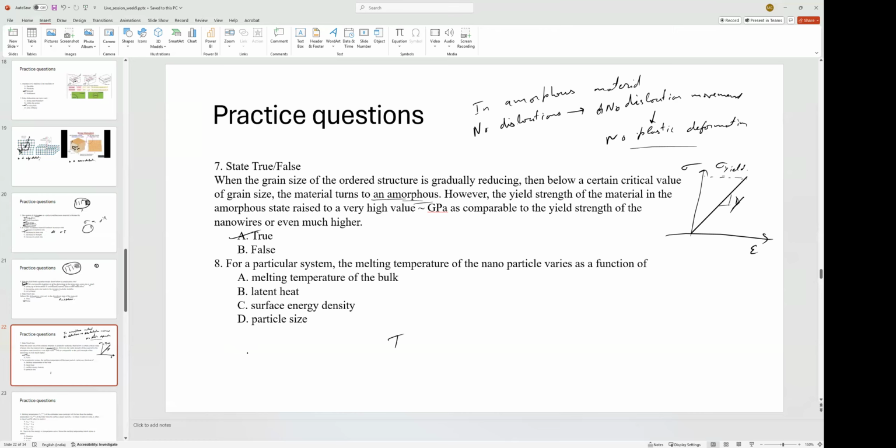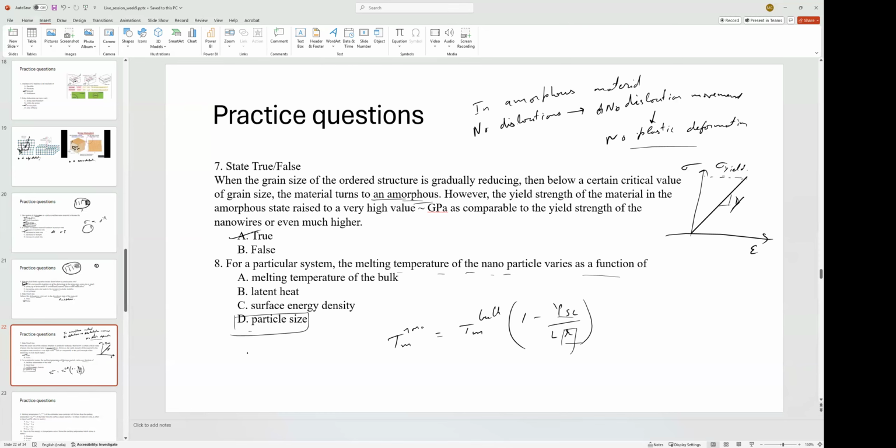So if you remember the formula, T melting for nano is Tm for bulk times 1 minus gamma SL divided by L R. So it depends on the particle size R, the latent heat, and the interfacial energy.